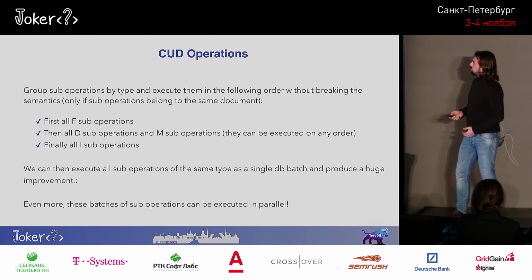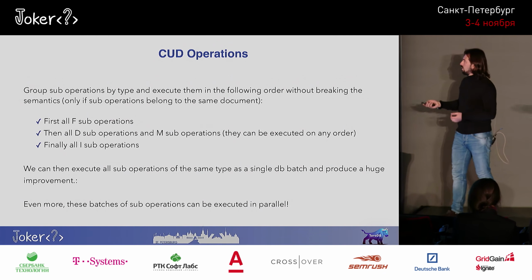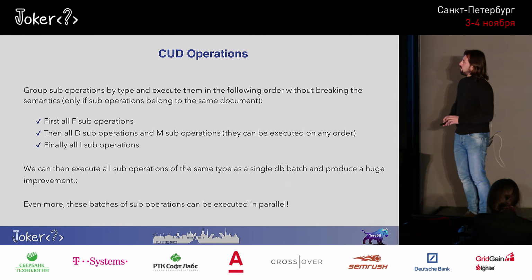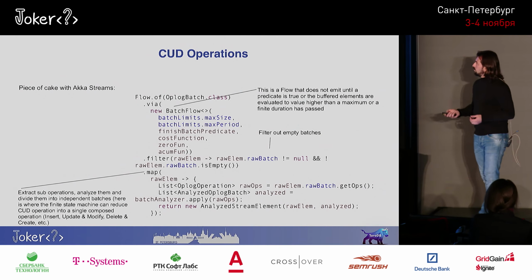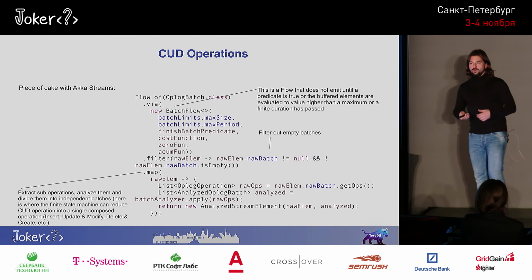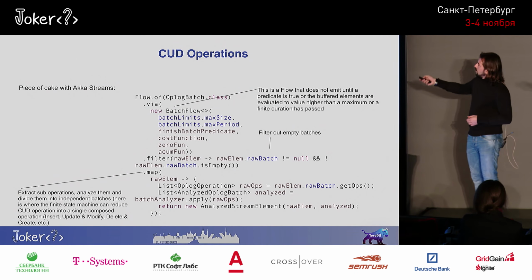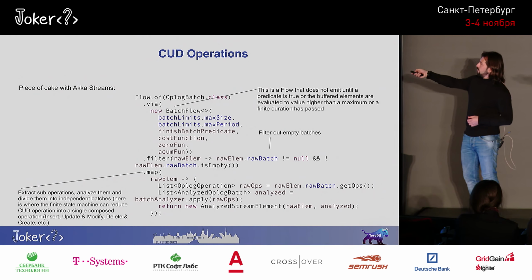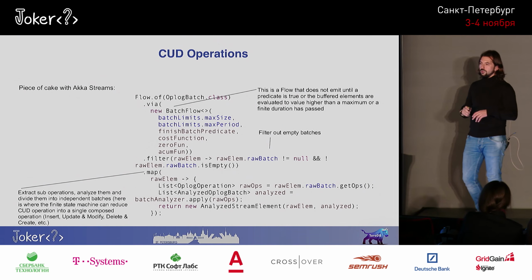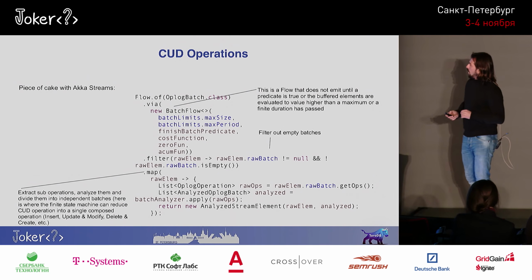So we improve performance together with this breaking down in smaller operations, as well as the applying in parallel. We can improve performance significantly. And of course, this is more or less easy to integrate with Akka Streams. Again, not a lot of code to represent all this. We created some classes, for example, the batch flow, which has a timeout, in order to wait a bit to fill the batch, but not too much.